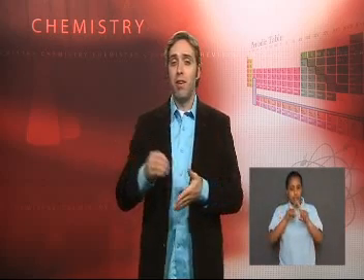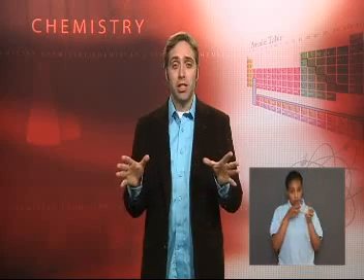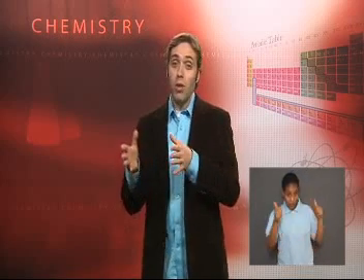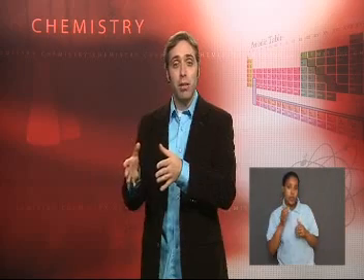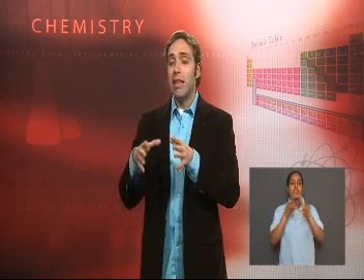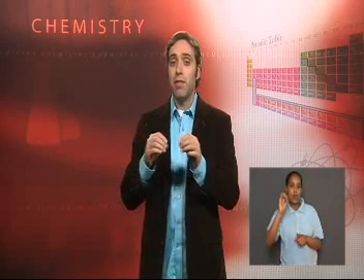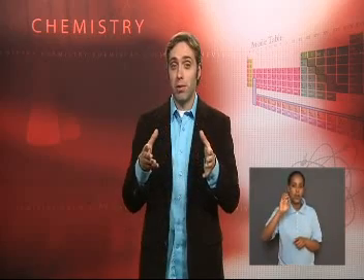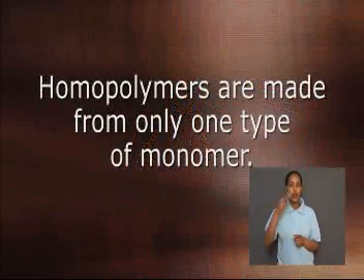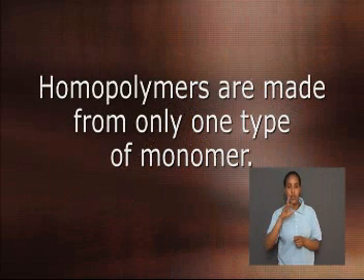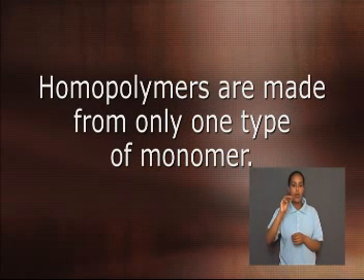Polymers can be divided into many different classifications. One way of distinguishing between polymers is whether it is made of different types of monomers. Homopolymers are made from only one type of monomer.